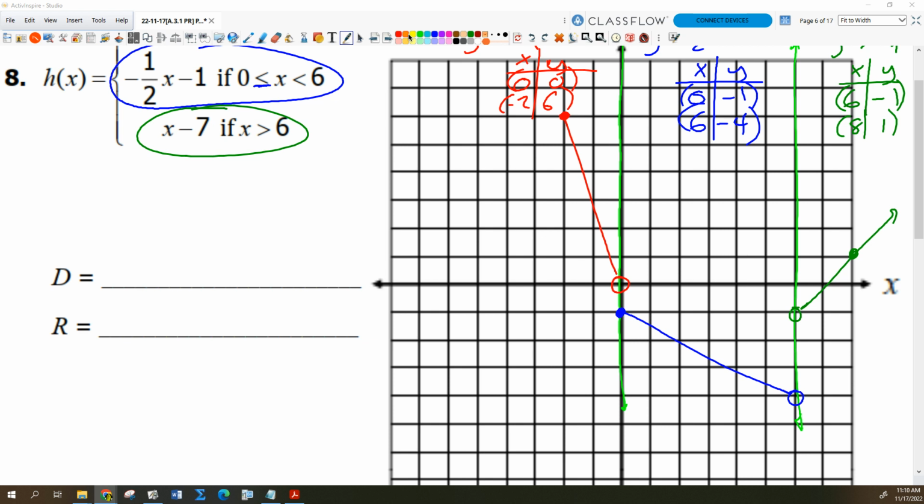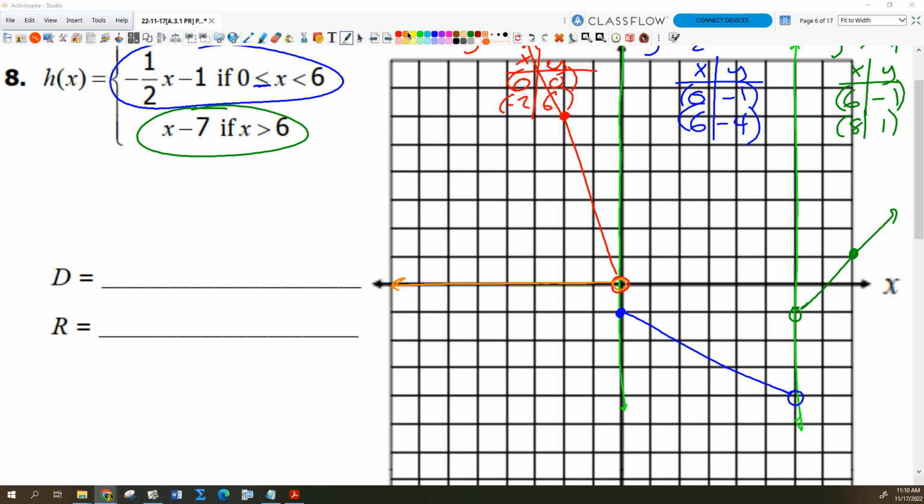But remember, my t-table got in the way, but this thing actually just goes forever. And where's it stop? 0. Okay, open or closed? Okay, good. So the red domain looks like that. Agreed?